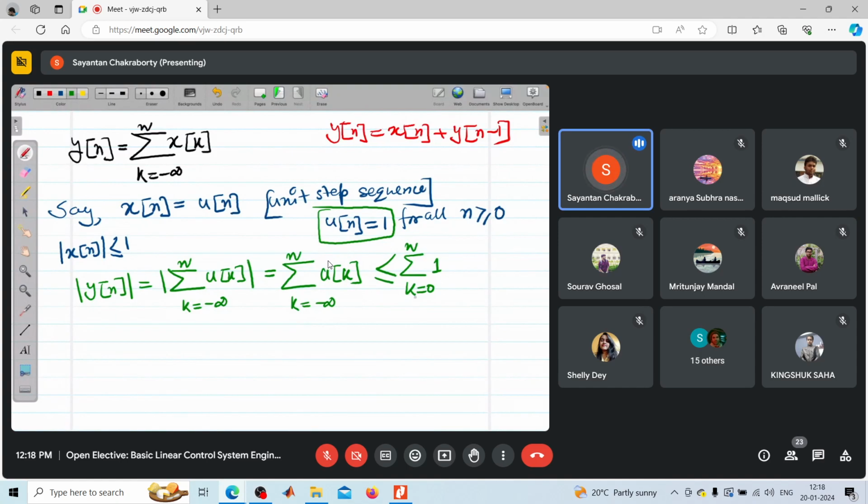So it is only present for k equal to 0 to n. So what will be this value? n plus 1.